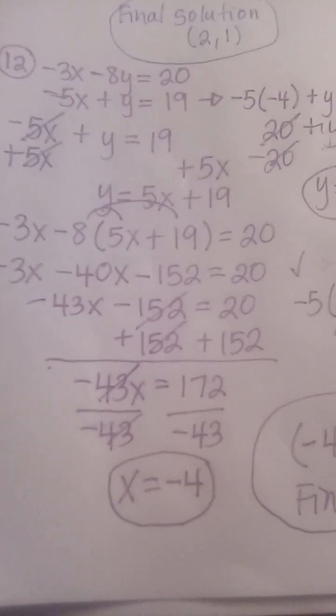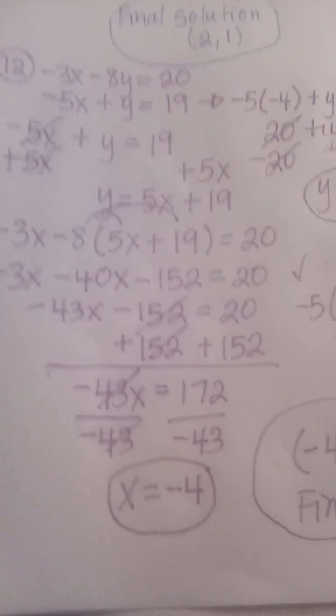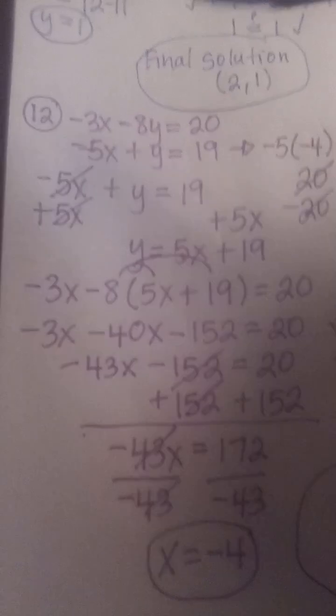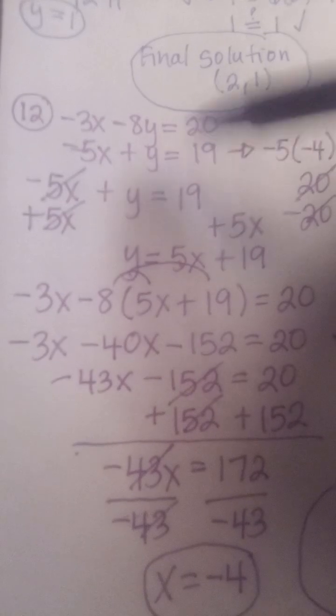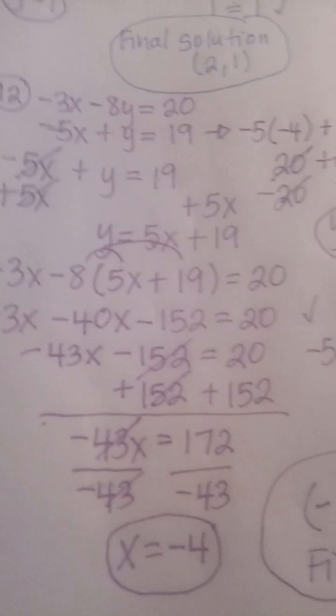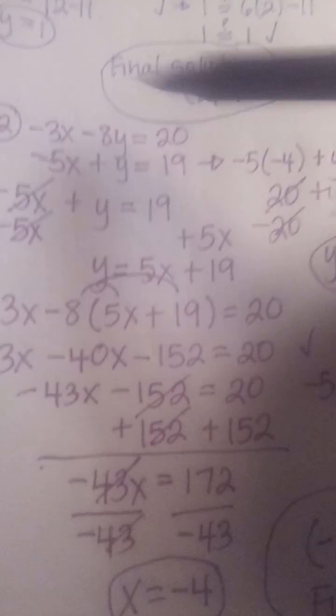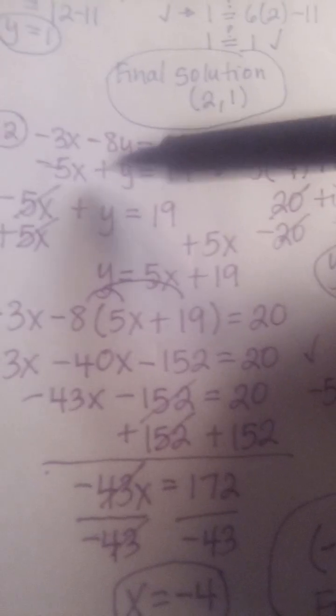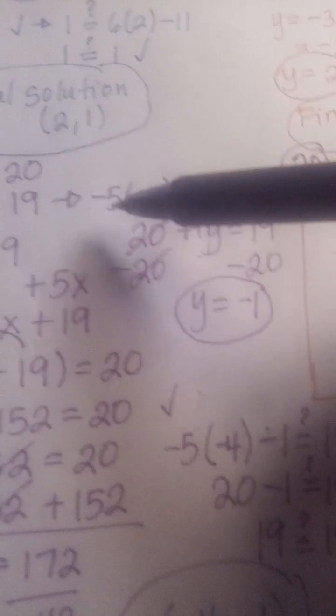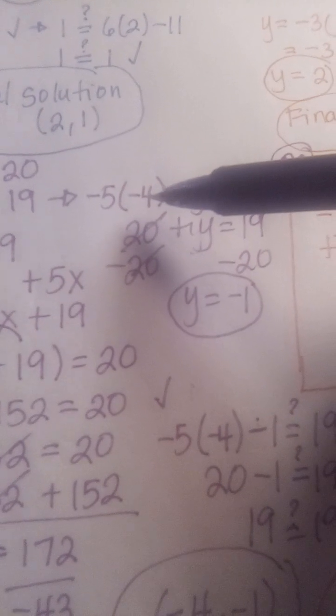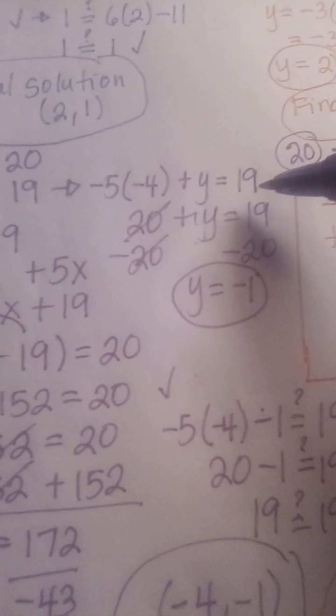Okay. Then once the x has been figured out, we can substitute it into either of these two equations. It's your choice, but I'm going to try the second equation. So we have negative 5 times negative 4 in place of x, plus y equals 19.